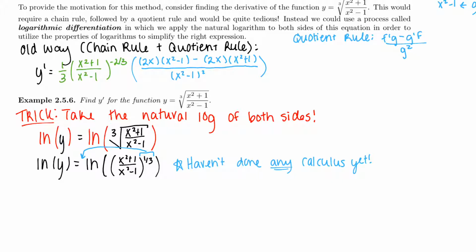And then hopefully you practice expanding your logs like we talked about. If not, remember I did post a video that talked about expanding logarithms to do it quickly and in one step. So this exponent will come in front, and then this is going to turn into subtraction. If it's division on the inside, it's subtraction on the outside. So you have ln y equals 1/3 times ln of x squared plus 1 minus ln of x squared minus 1.